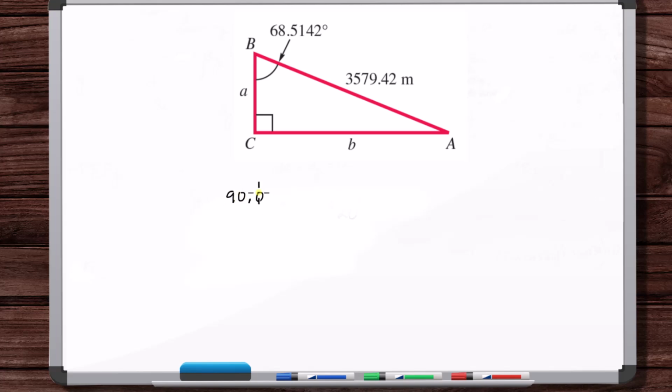Why not? 68.5142. So 9 minus 4, 5, 9 minus 1, 8, 9 minus 5, 4, 9 minus 8 is 1, 8 minus 6 is 2. So 21.4858 degrees.